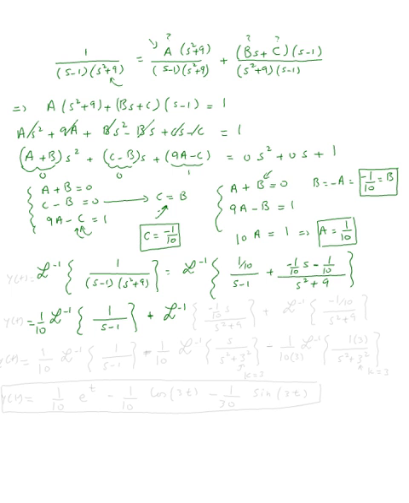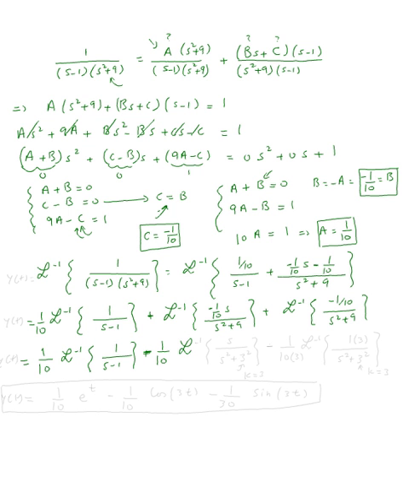Laplace inverse of negative 1 over 10 s over s squared plus 9, plus Laplace inverse of negative 1 over 10 over s squared plus 9. Now this is equal to 1 over 10 Laplace inverse of 1 over s minus 1. I'm going to take negative 1 over 10 outside.